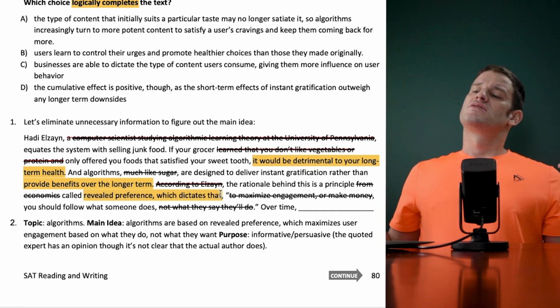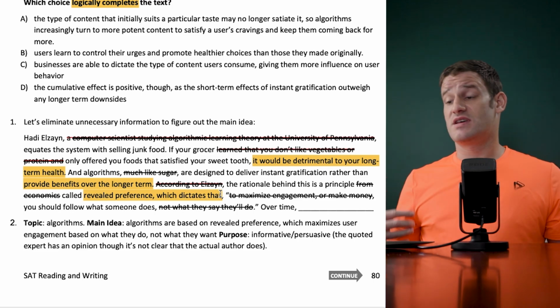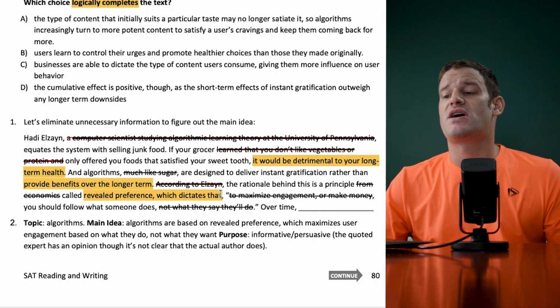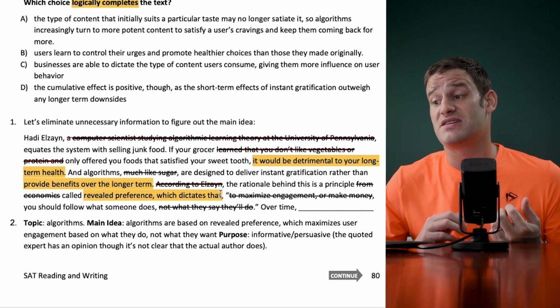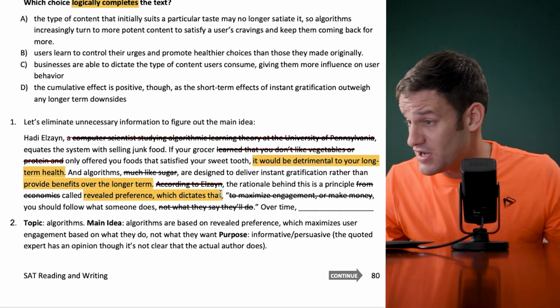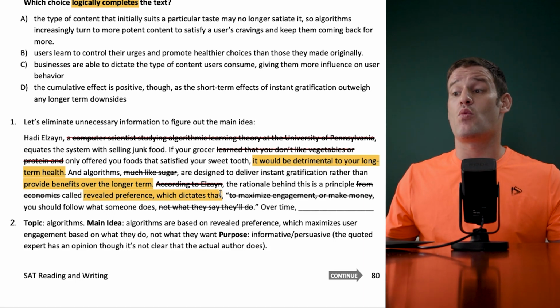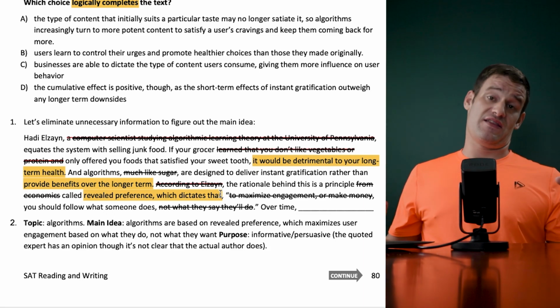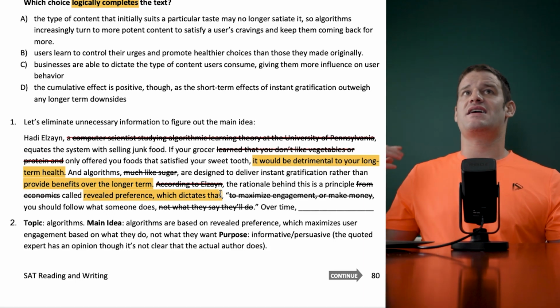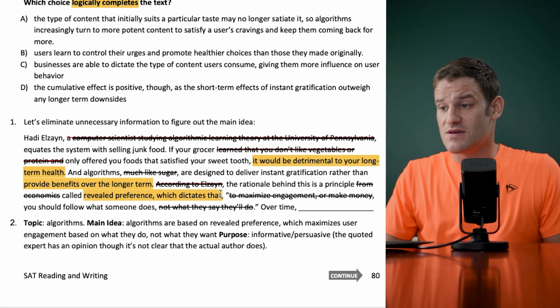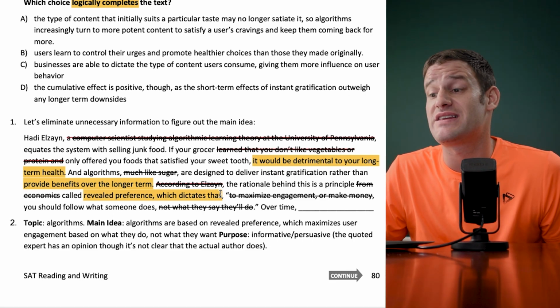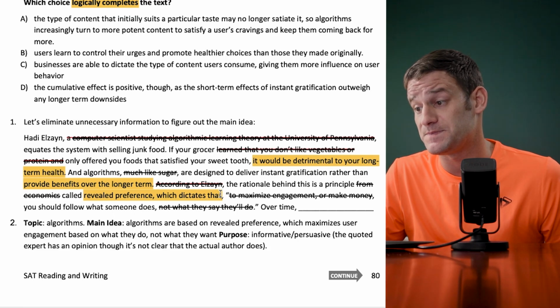Okay, so our topic here, once again, is algorithms, very similar to our last passage. Our main idea is that they are based on this idea of revealed preference, which maximizes user engagement based on what they do, not what they want. Implicit in that, though, is this idea that this is a negative practice, and it can be detrimental to long-term health.